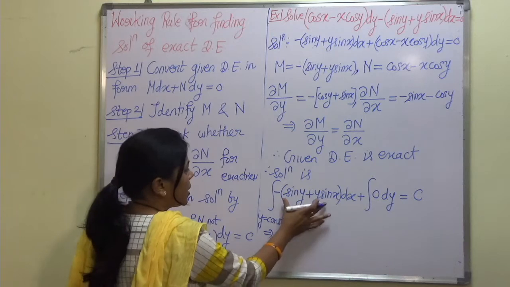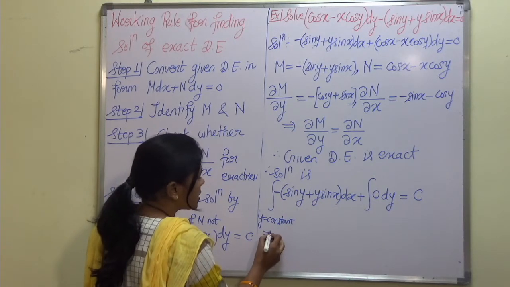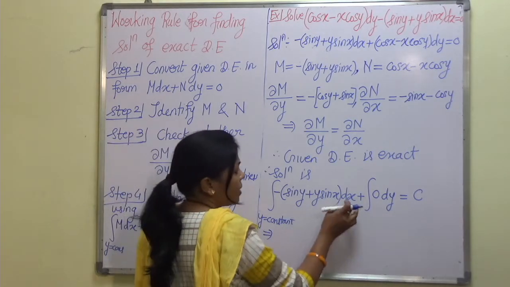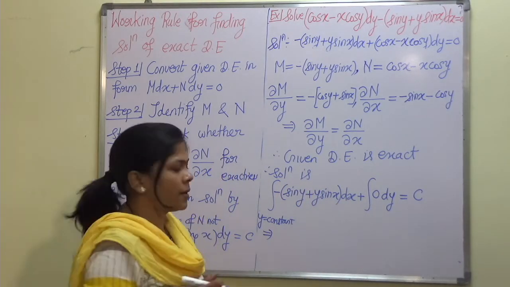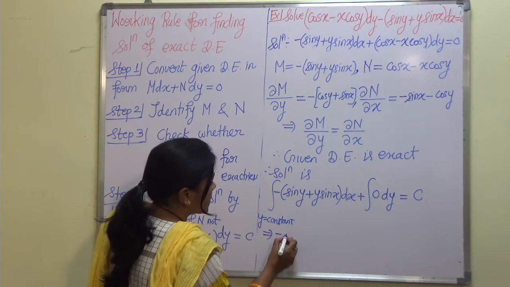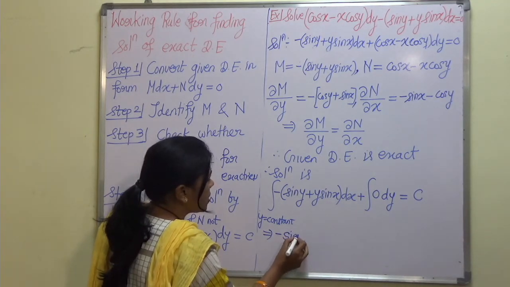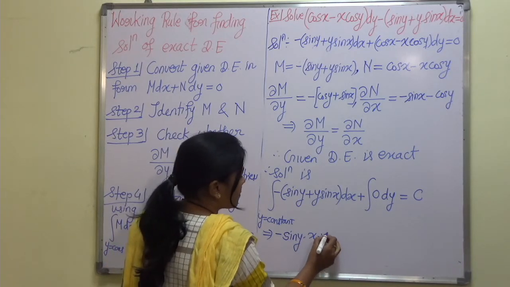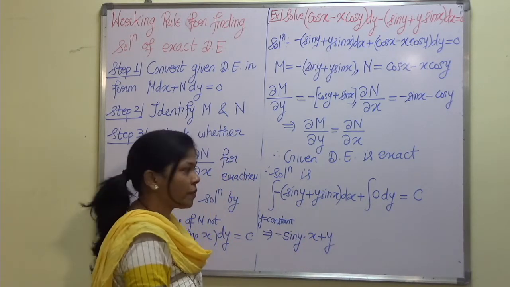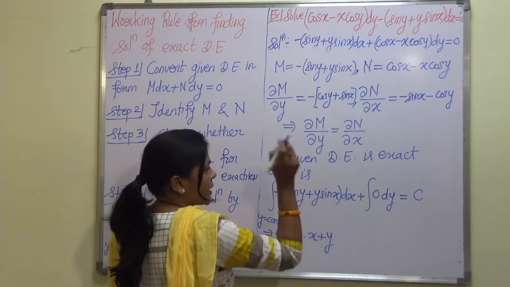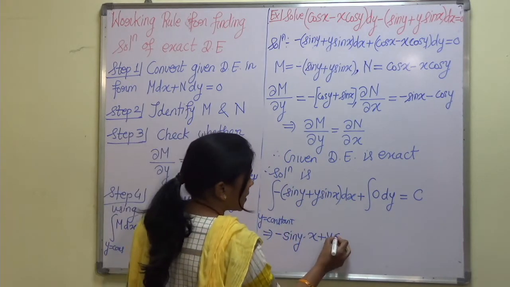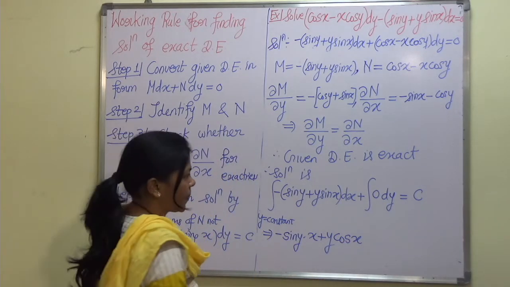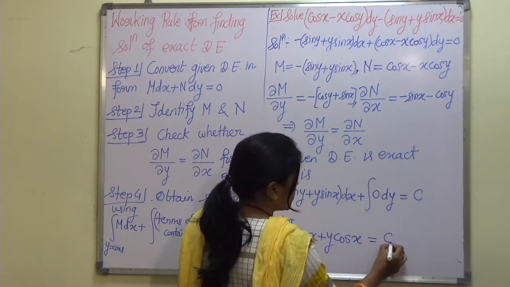Now integrate this. As I told you, in this case I have to treat y as a constant because we are integrating with respect to x. So minus sin y constant, the integration of 1 is x, plus y constant, the integration of minus sin x is cos x, and equal to c.